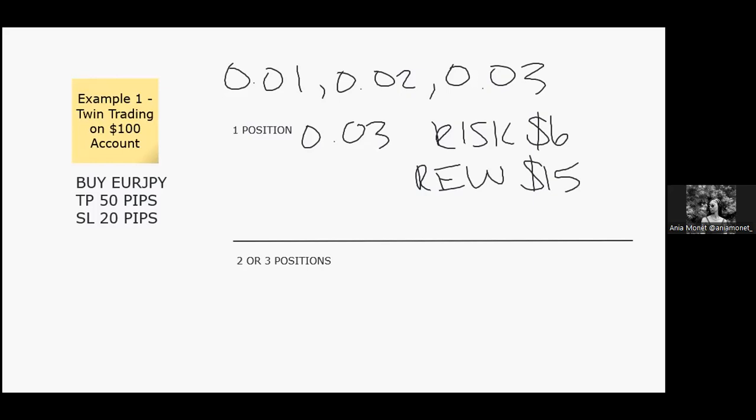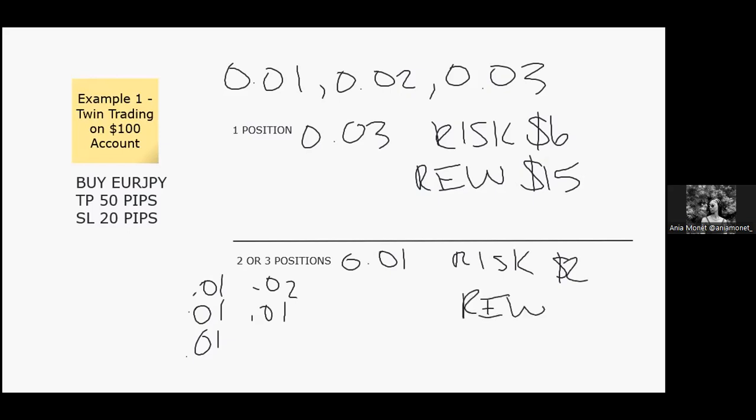Now with 2 or 3 positions, that can either look like you having 3 positions of a 1 cent lot size, or maybe 2 positions and one is a 2 cent and one is a 1 cent. But each of your positions, their lot sizes are equaling up to 3 cent, right? So let's see what a 1 cent looks like if we were to do the risk and reward for that. My risk would be $2 and my reward would be $5.